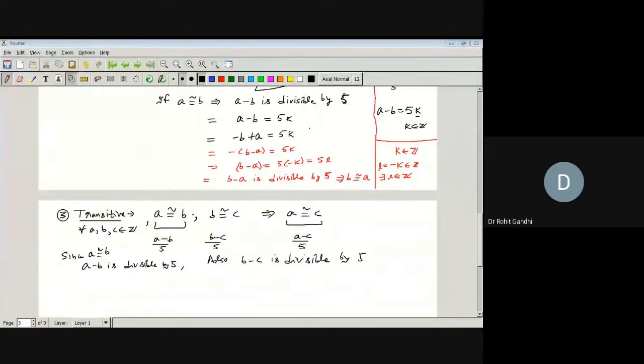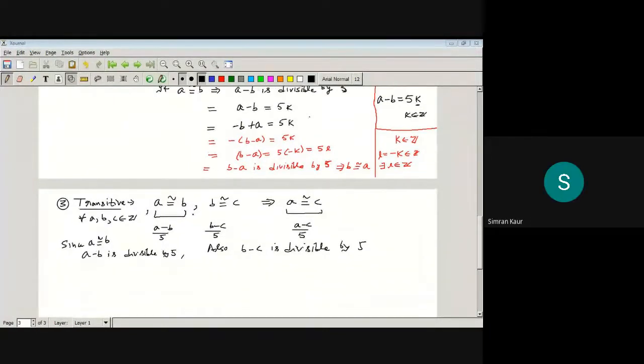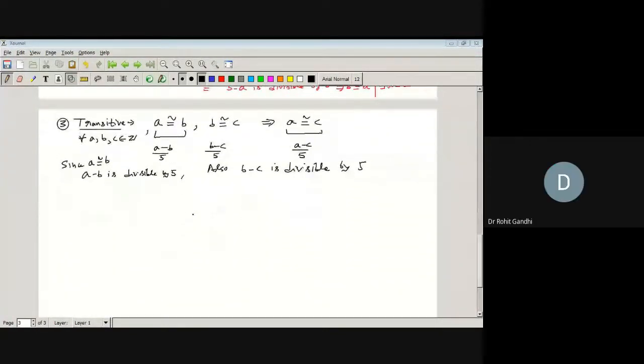If A minus B is divisible by 5, that means there exists some integer K1 belonging to Z such that A minus B is equal to 5K1.